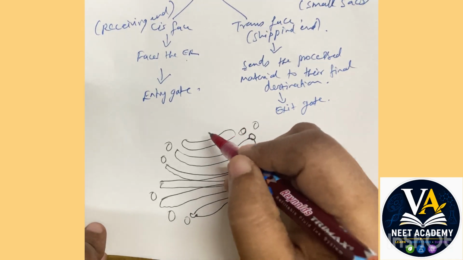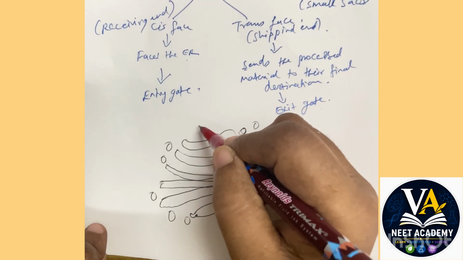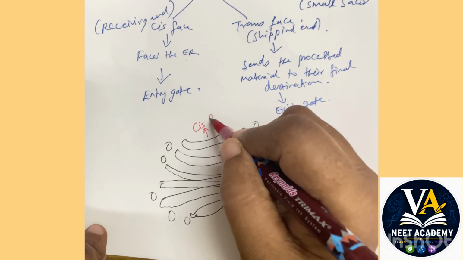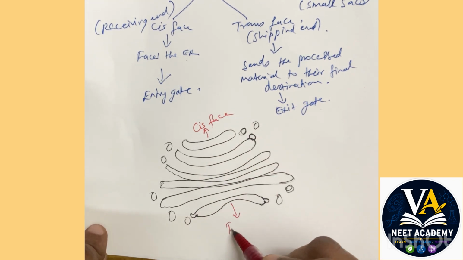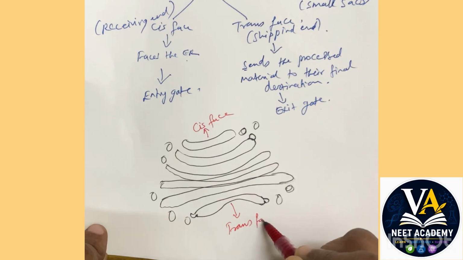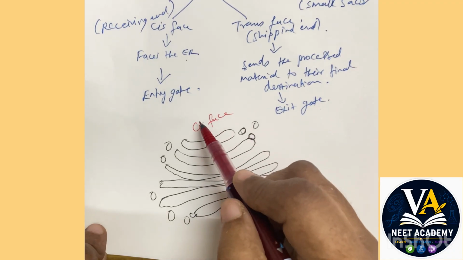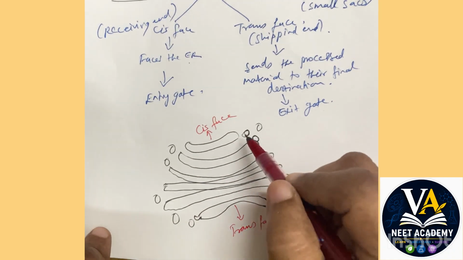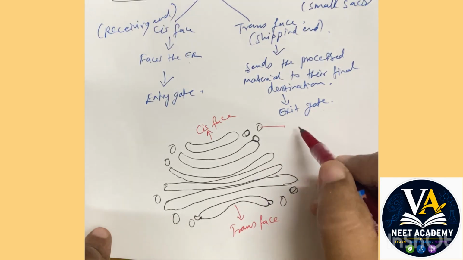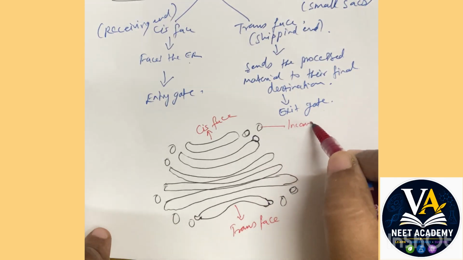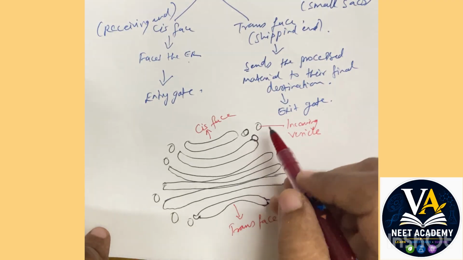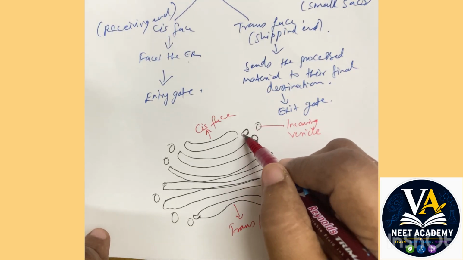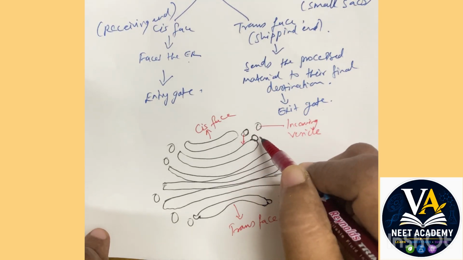As all of you know, this is the cis phase and this is the trans phase. So cis phase is near where? The endoplasmic reticulum. Now this is the incoming vesicle, because it is coming inside and getting fused into the cisternae.